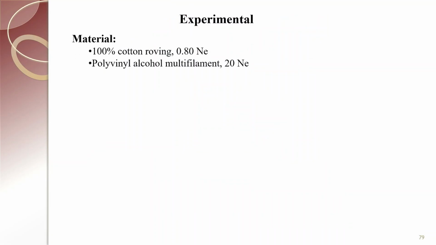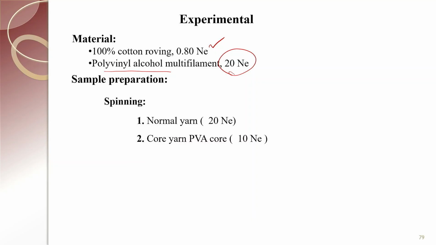So, what is the experimental plan? We have used 100% cotton roving of 0.8 Ne. Polyvinyl alcohol multifilament yarn of 20 Ne we have used, and that is produced in ring spinning. So, both normal yarn and core yarn were produced, and the core yarn count was 10 Ne.